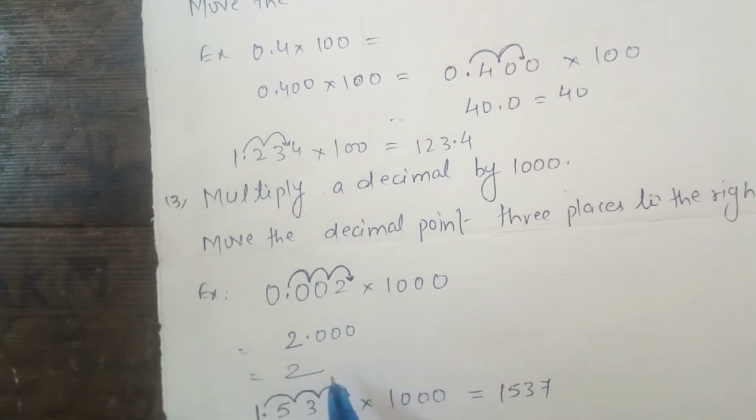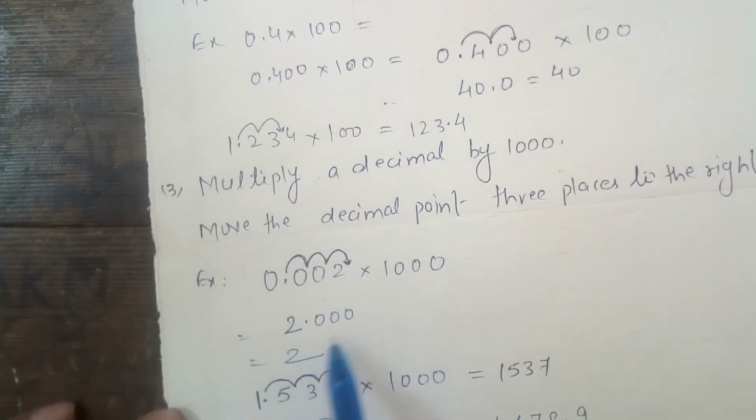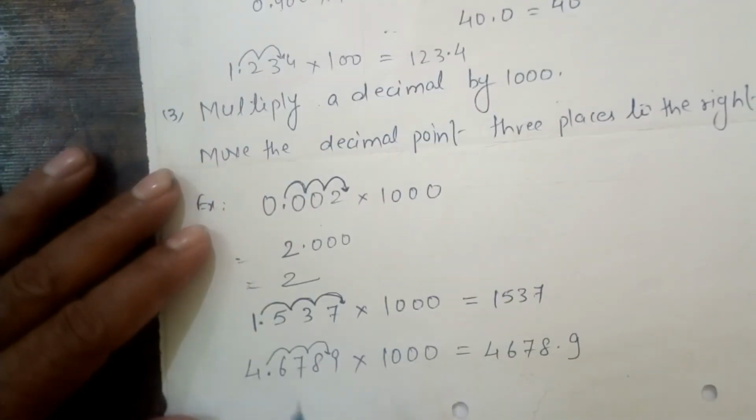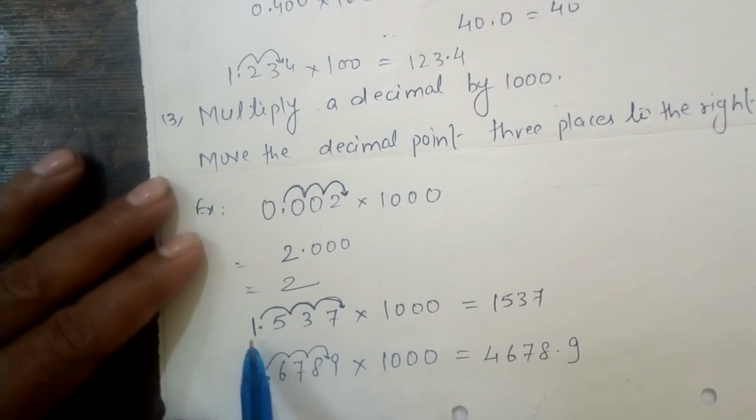Therefore your answer will be 2.000 or 2. This is your required answer. Okay, your next question is 1.537 into 1000.